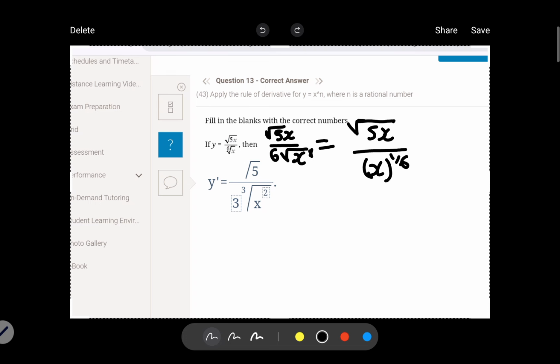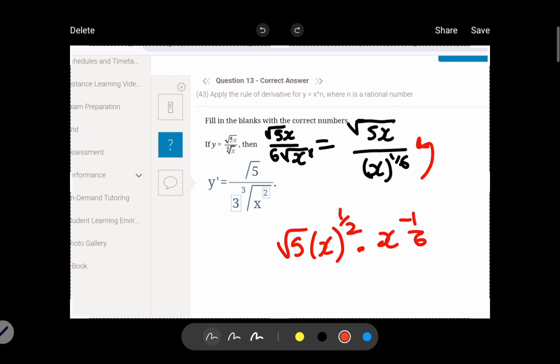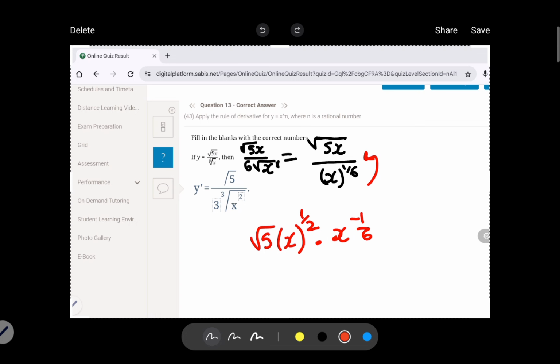Okay, now we move this to the bottom, so x to the power of negative 1 over 6. For radical 5, we will keep the radical 5 in the radical, and then the x will make it x to the power of 1 over 2. Okay, now this is multiply, or I'll just put a dot because it's not multiplication yet.